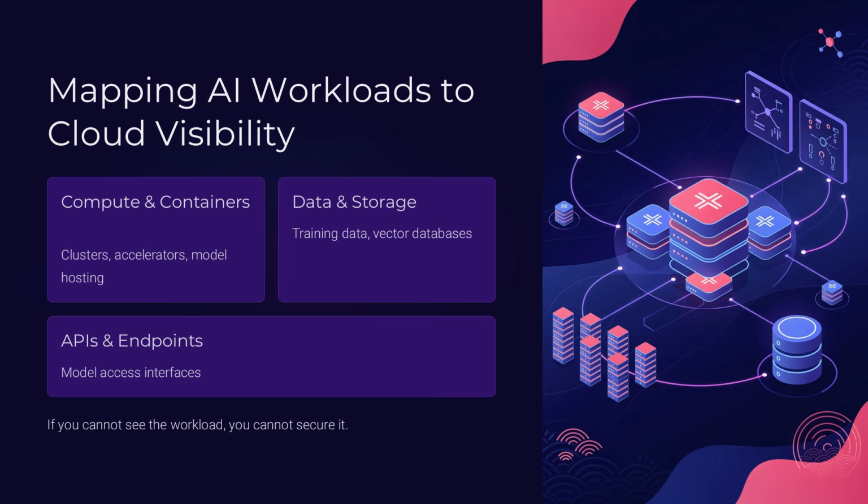Each of these components generates security-relevant telemetry. As an enterprise architect, your first task is to ensure that artificial intelligence workloads are treated as first-class workloads within your cloud security monitoring framework. This includes asset discovery, configuration assessment, vulnerability visibility, and risk scoring. If you cannot see the workload, you cannot secure it.